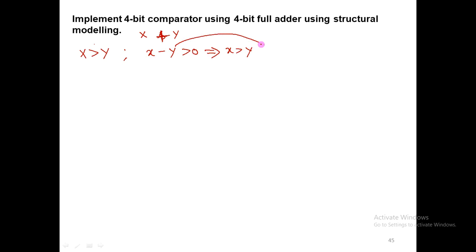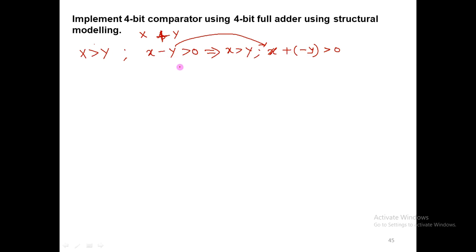To do this operation the other way, it is x plus minus y, right? This should be greater than 0. That's it. So I want to perform this subtraction using addition itself.